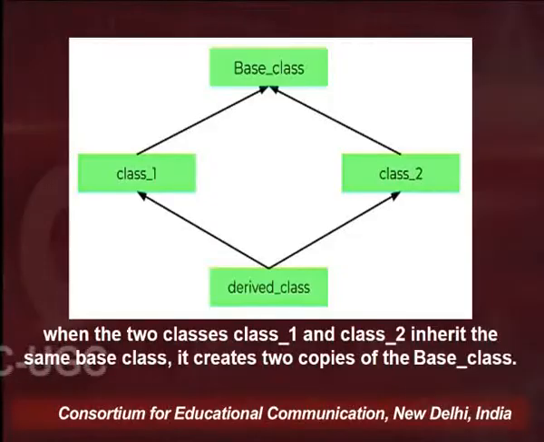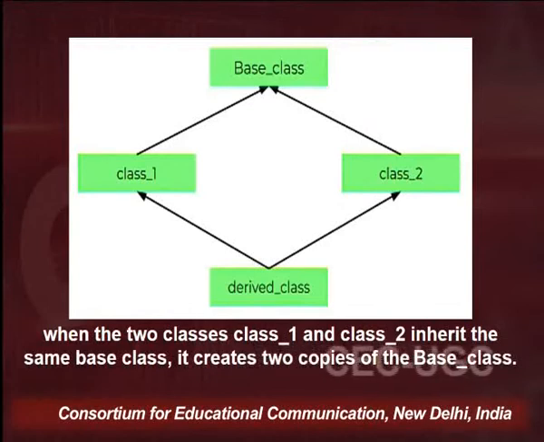So we have one base class which is the base class for two classes, class 1 and class 2. So class 1 and class 2 are inheriting the base class, and then the derived class is again inheriting both the classes, which are class 1 and class 2.